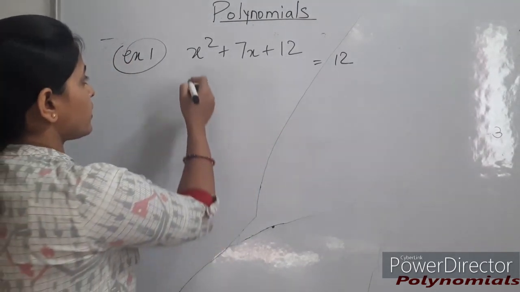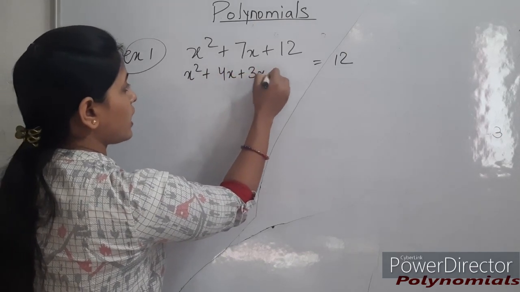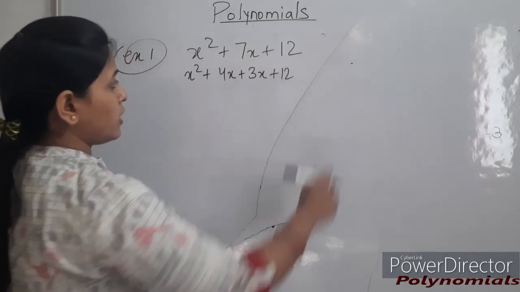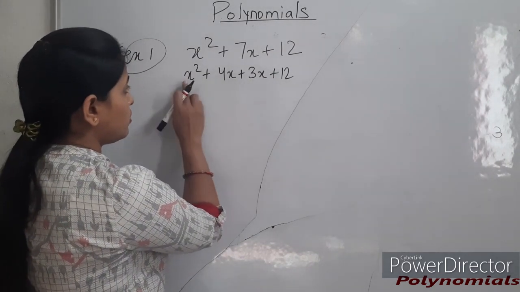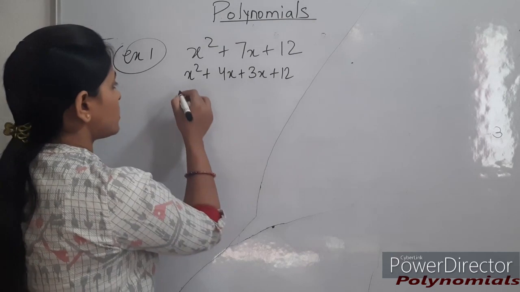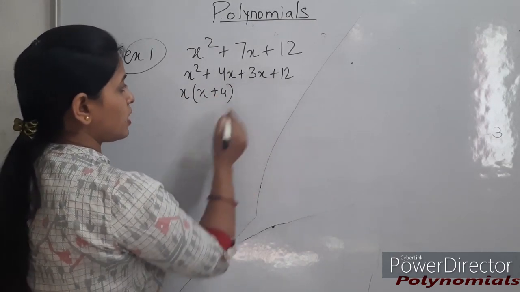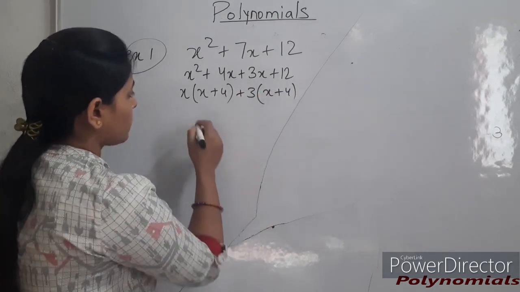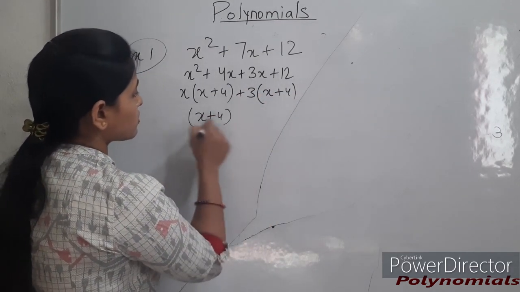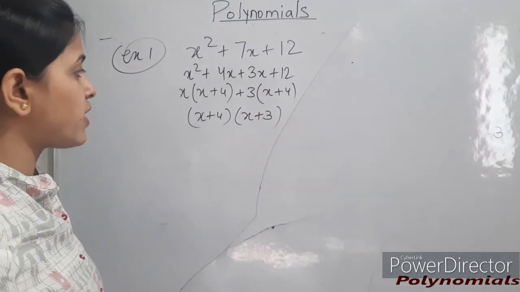We write x square plus 4x plus 3x plus 12. In the first and second terms x is common, so it can be written as x into (x plus 4), and here 3 is common, so it can be written as 3 into (x plus 4). Now we can write it as (x plus 4) and (x plus 3). This is what we have factorized.